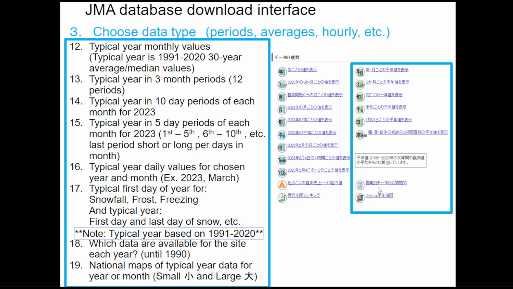Then at the bottom, there are some menus about which data are available for the site each year. Until 1990, after 1990, most data is available without problems, except sometimes typhoons or earthquakes have knocked out a station for a while. And then national maps, which are useful.